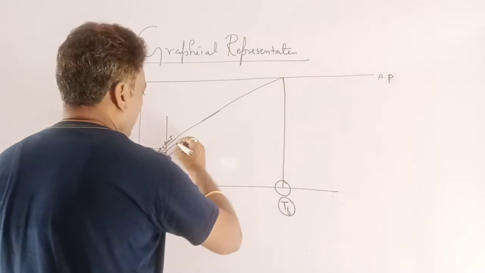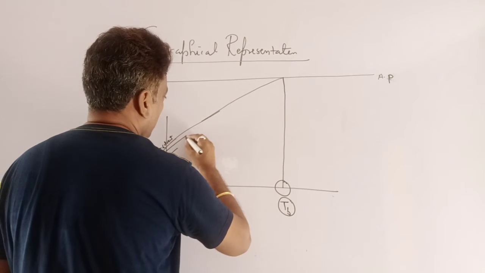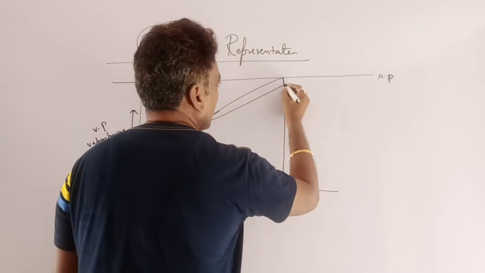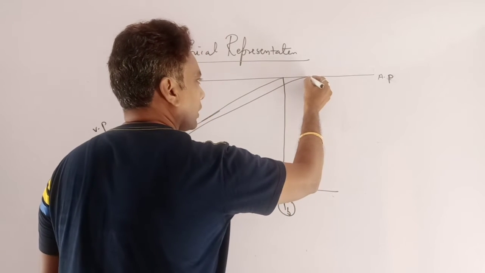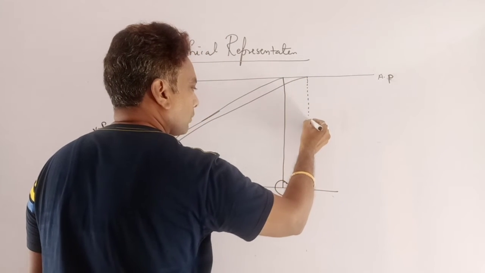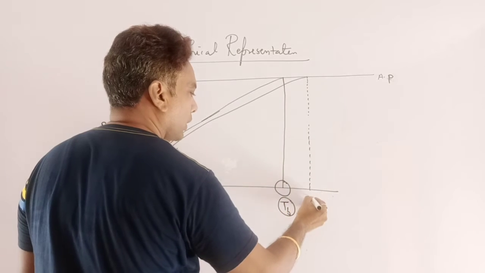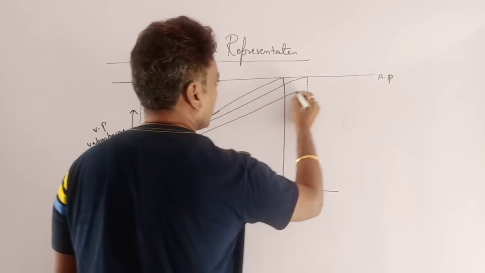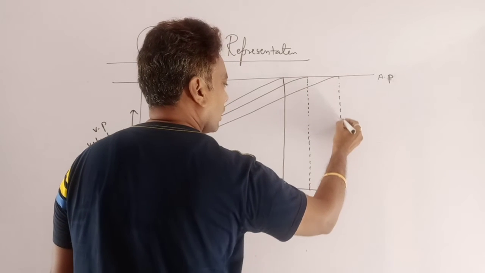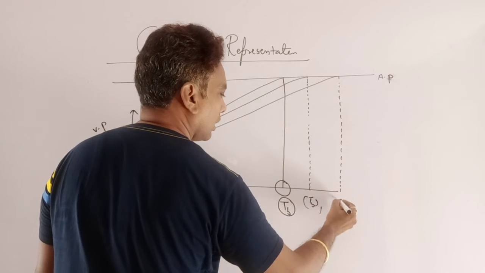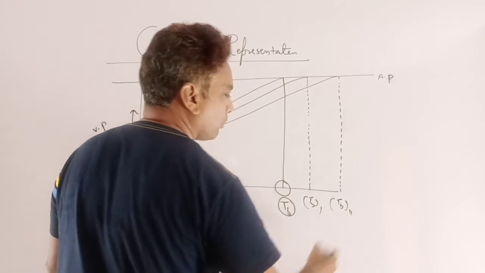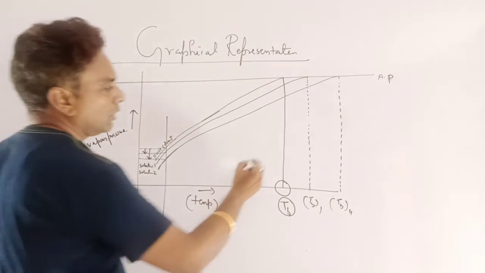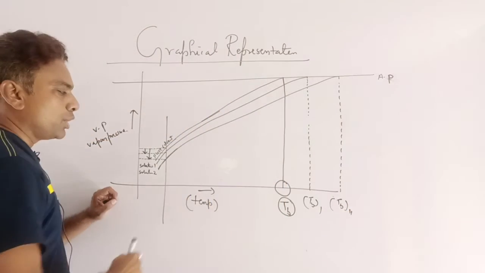Now if the solution 1 curve is extended, the temperature at which it touches the atmospheric pressure is the boiling point of solution 1. And if the second curve is extended, this is the boiling point of solution 2.